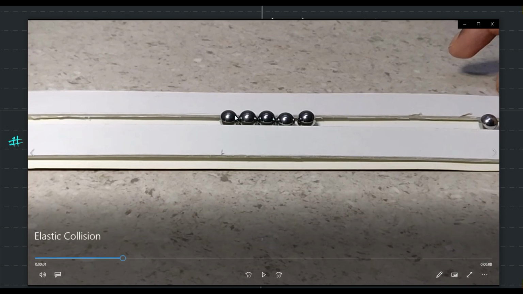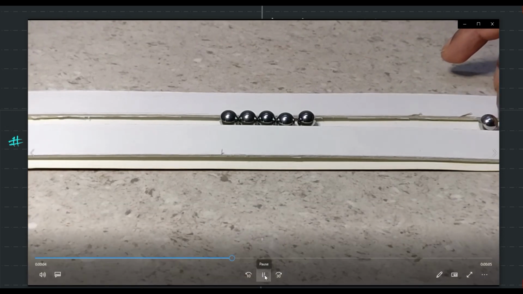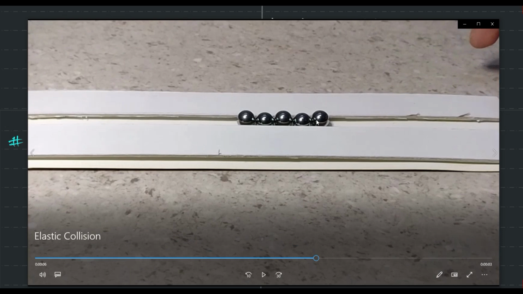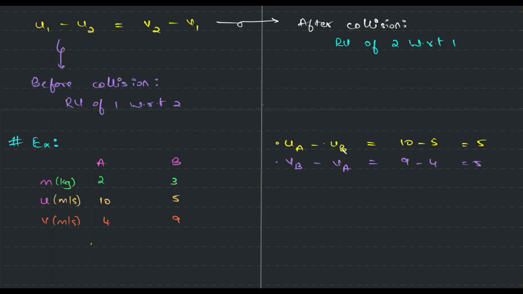So let's look at the relative velocity of the leftmost ball bearing compared to the one which is coming. Here initially it is 0 and this is some value, say 5. Now the right one became 0 and the left one will move at that rate. So if I do the math in this manner, I'll get 5 and 5.